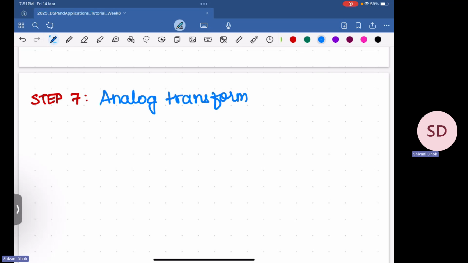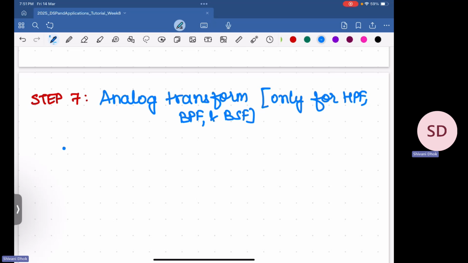So this is also valid for high pass filter, band pass filter, and band stop filter. How to design a band stop filter is in next week. So I'm just writing that it's valid for band stop filter also. The transform equations we'll see in the next week.